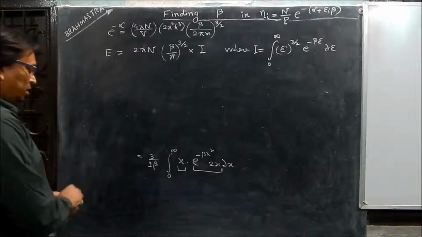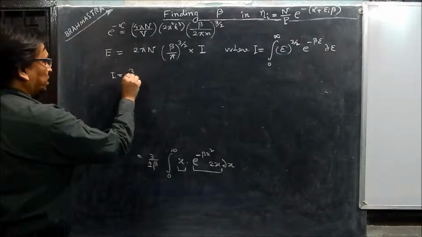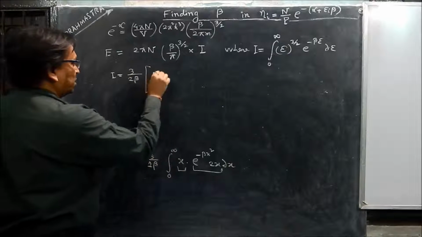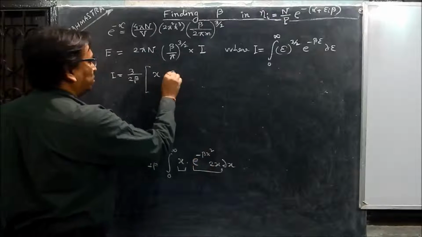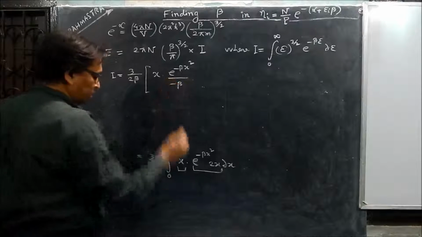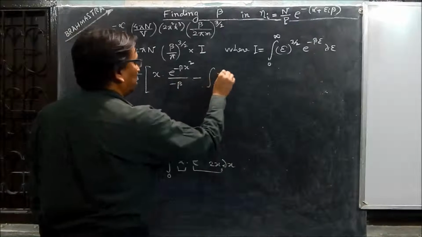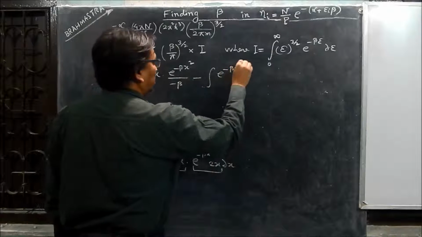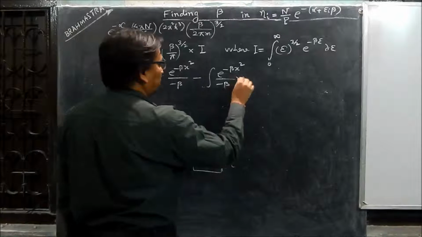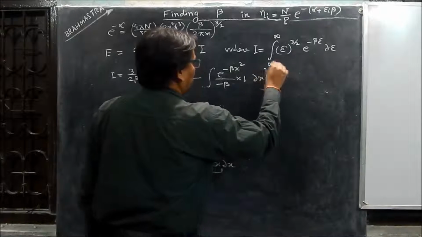So from here, if we integrate by parts again, 3 by 2 beta is already present, and we have x, and the integration of this part will be e to the power minus beta x square by minus beta, because 2x is here, and minus the integration of e to the power minus beta x square by minus beta, and the differentiation of x is 1, del x, from 0 to infinity.